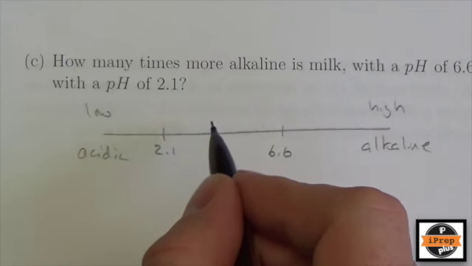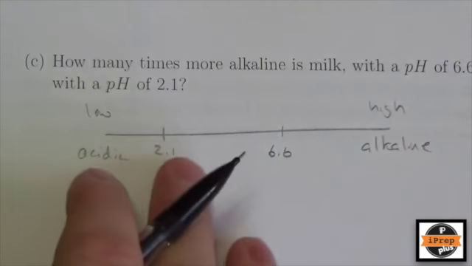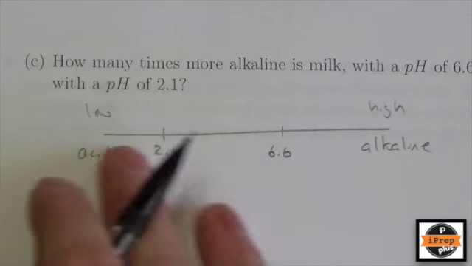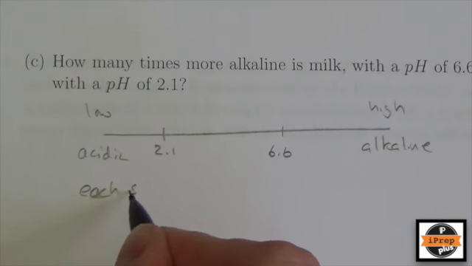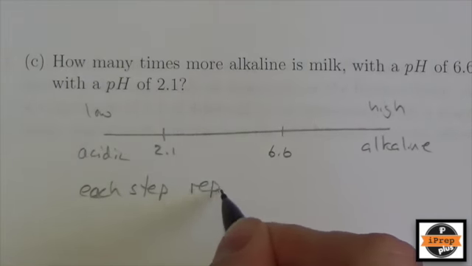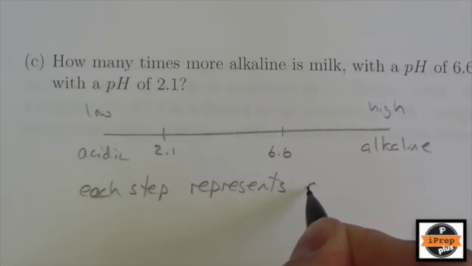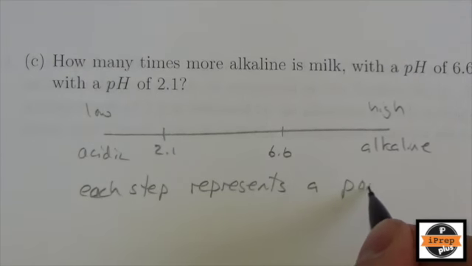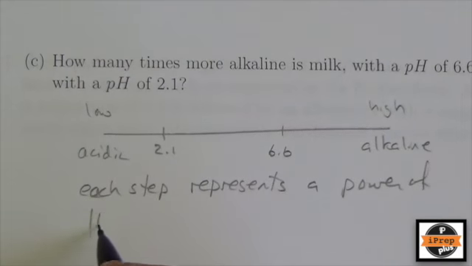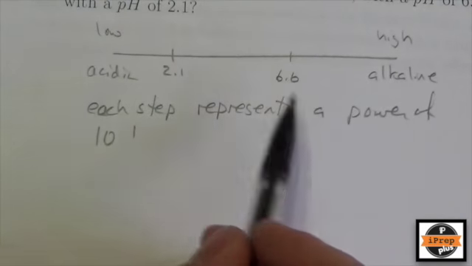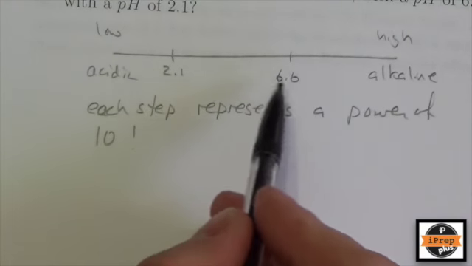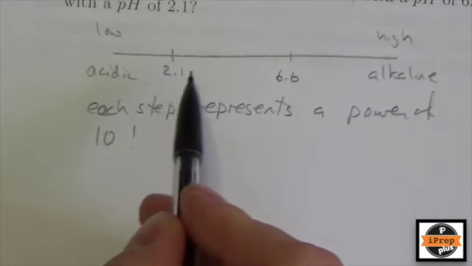Now, each step along the pH scale, I should write it like this, each step represents a power of 10. So if we want to compare the alkalinity of these two, I have to take this value and subtract this value.